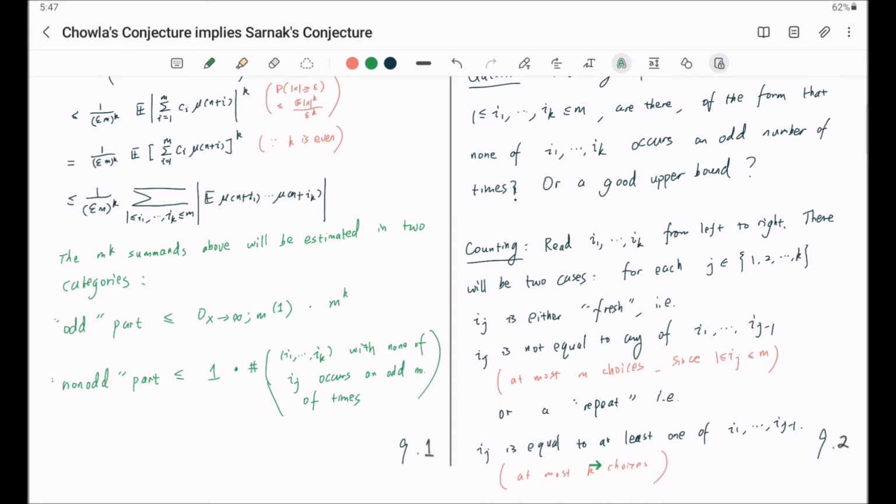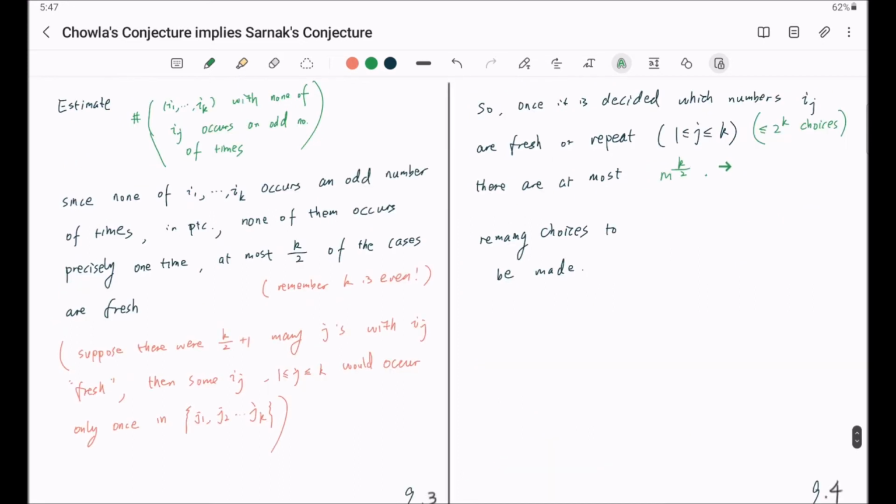So i_j's are repeats, which will correspond to at most k choices. So which will correspond to k raised to the power k divided by 2 many choices. This part is fresh, and this part is repeat.